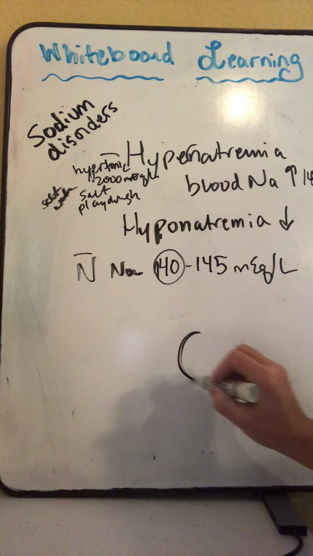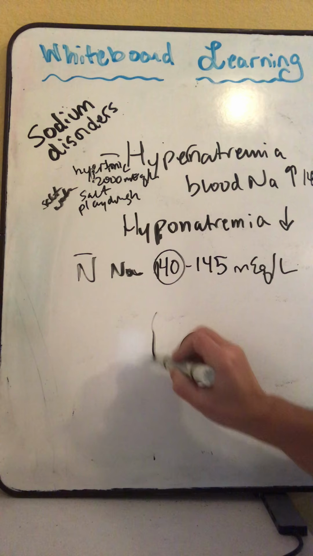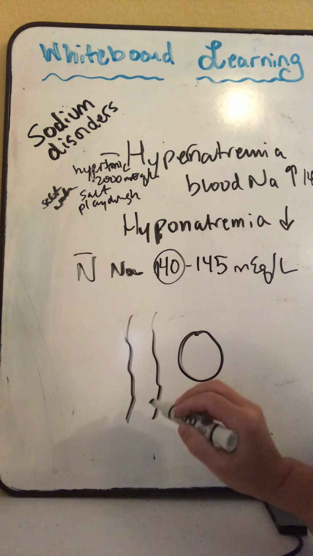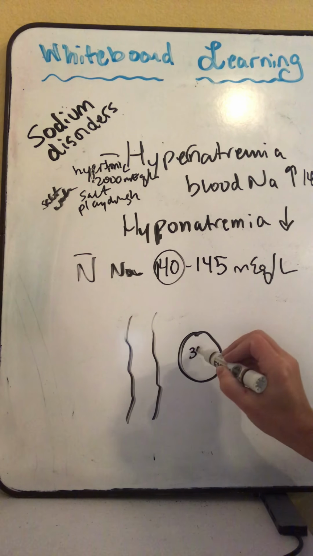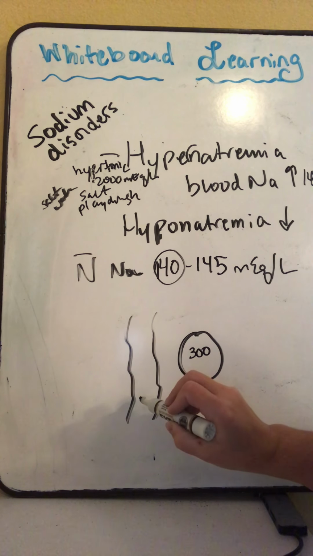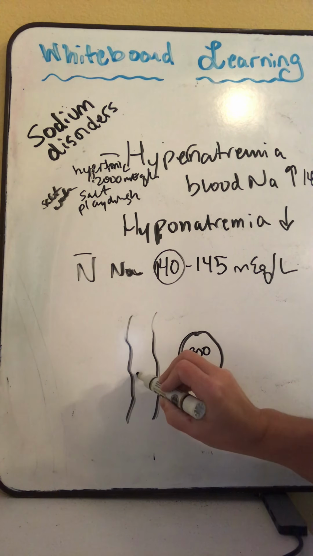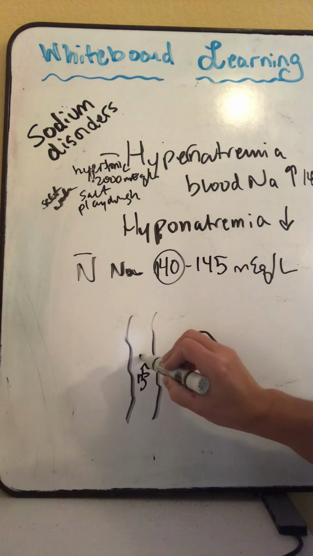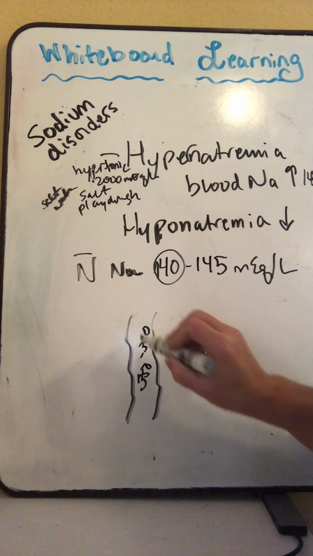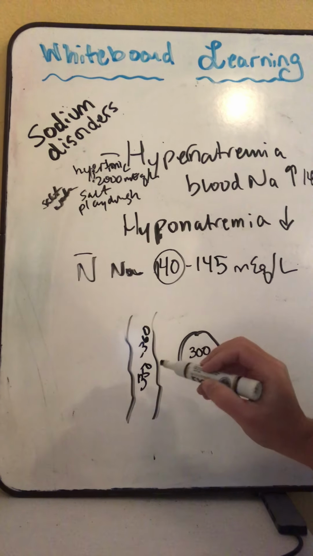So let's do a little brain cell here, and here's the bloodstream going by. So inside, the osmolarity in here is about 300. And if I suddenly made the osmolarity outside about 350 or 360, let's say, from its normal 300, right? So what's going to happen here?